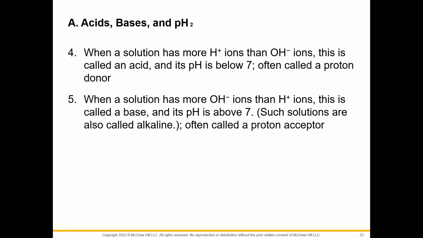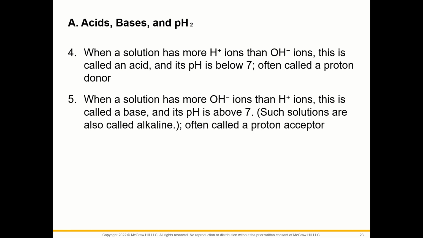This is that inverse relationship that I just mentioned. When we have more hydrogen ions than hydroxide ions, the pH is low. So the higher the hydrogen ion concentration, the lower the pH. Acids have a very low pH and a lot of hydrogen ions.